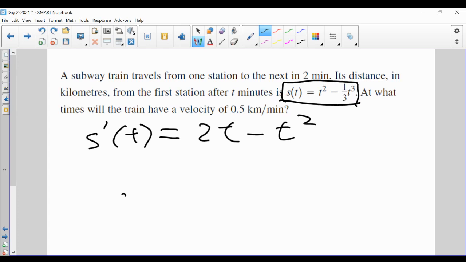What do other people think? Cushy, Richard, and Stephen all seem to be singing from the same hymn sheet. Equal. Okay, you've convinced me. So 2t minus t squared is equal to 0.5 because we're saying the velocity is 0.5, right? So we're going to set it equal to 0.5.